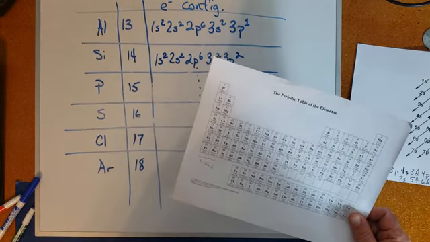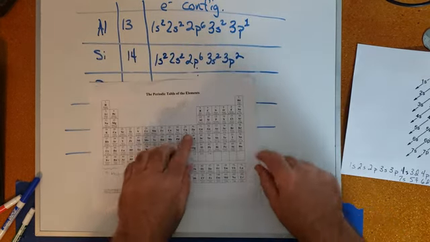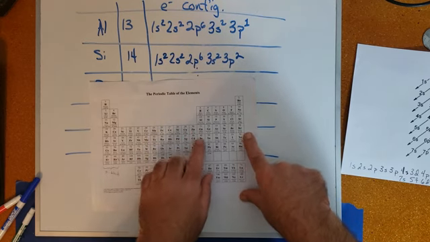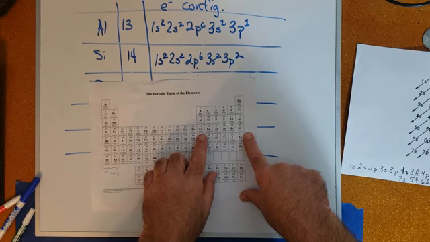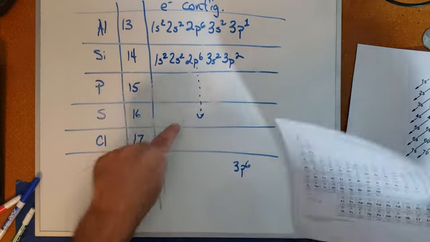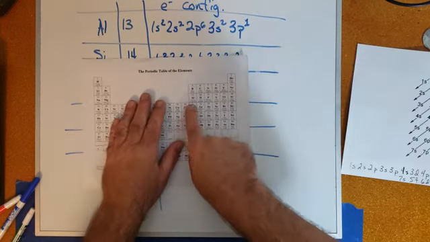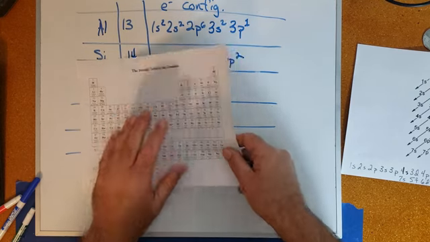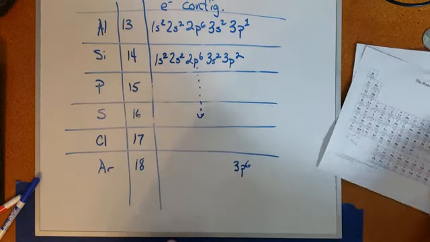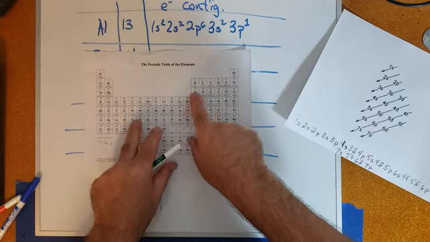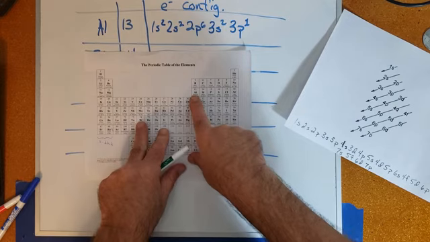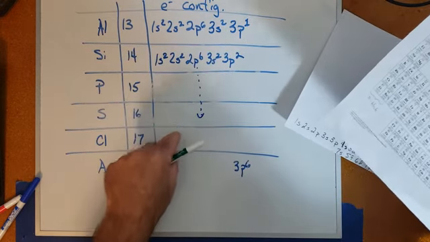I will expect you to submit through Google Classroom a picture of this kind of table for each of these additional rows. Make sure you also put into your notebook the configurations boron through neon that I just did and erased, and then aluminum through argon. Finish that one up too.